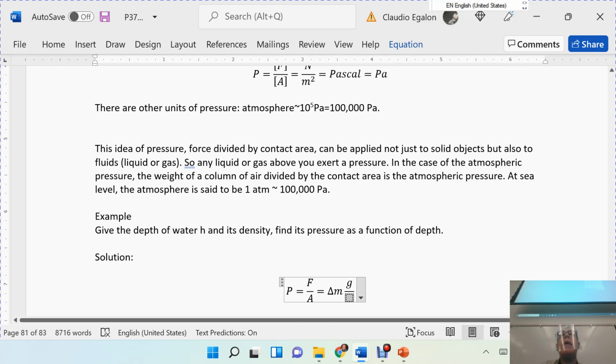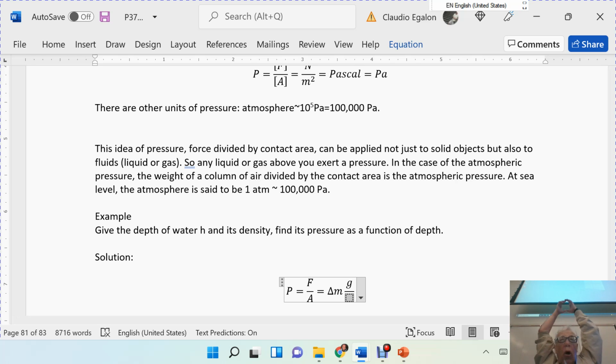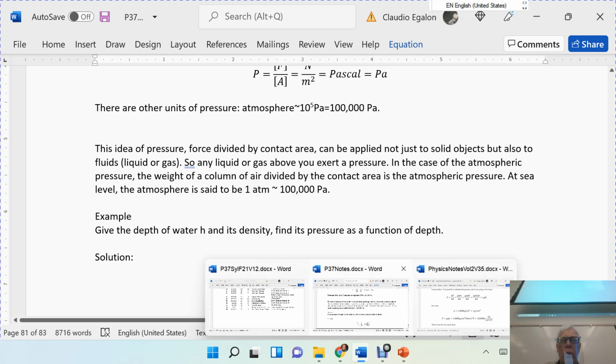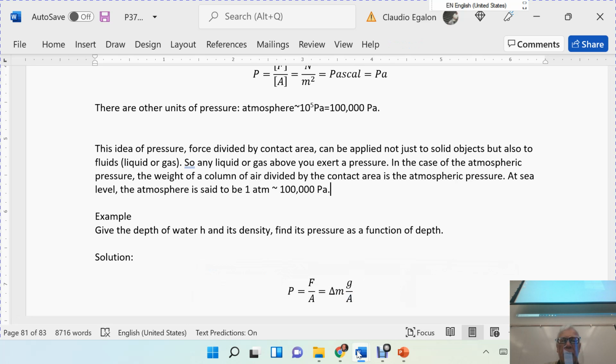So we can say that you have a column of water, and this column of water has an area. You know what? No, I'm going to leave it as A. You don't need to do pi r squared. There's a reason for that.